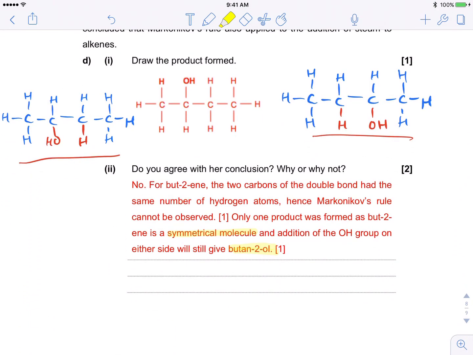So you can't say that steam is not a hydrogen halide. Of course she knows. What you need to say is that her choice of material is wrong because it's a symmetrical molecule. No matter how we add, it will give us the same product, butanol. Therefore, we can't observe if Markovnikov rule is right or wrong.